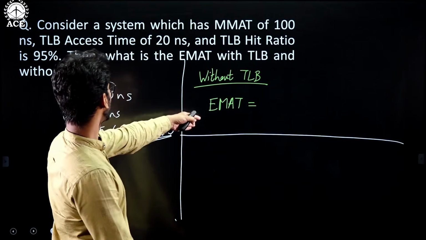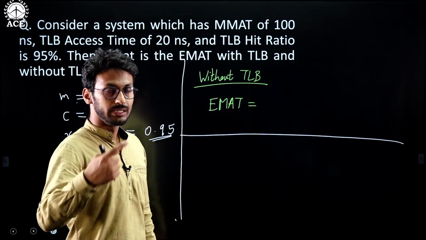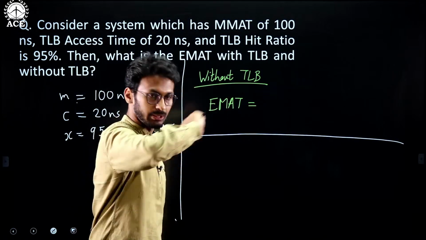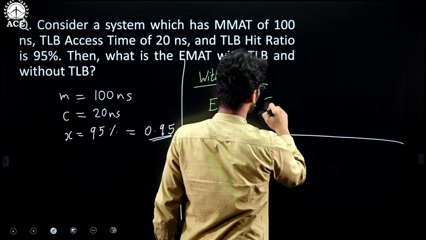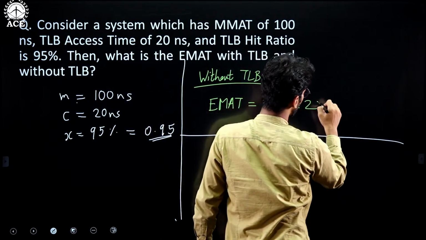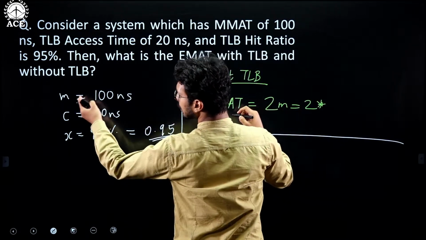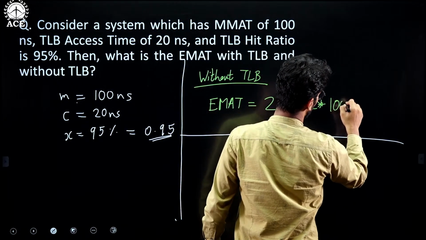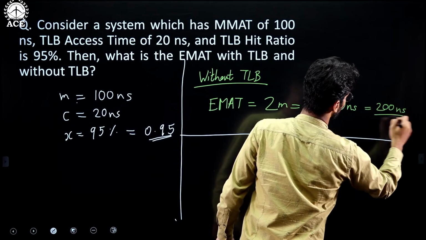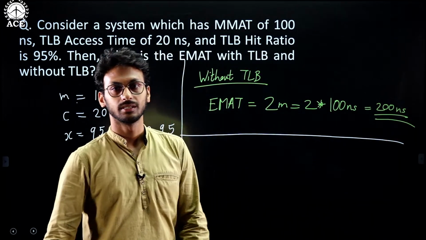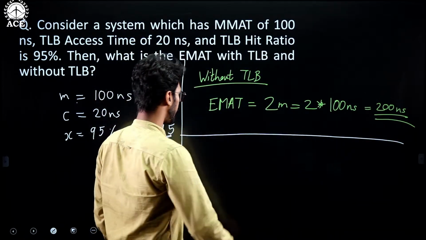Tell me fast. Without TLB, you will first see the page table and then see the actual page. Done. M plus M, 2M. What is it? 2 into 100 nanoseconds equal to 200 nanoseconds. Done without TLB.